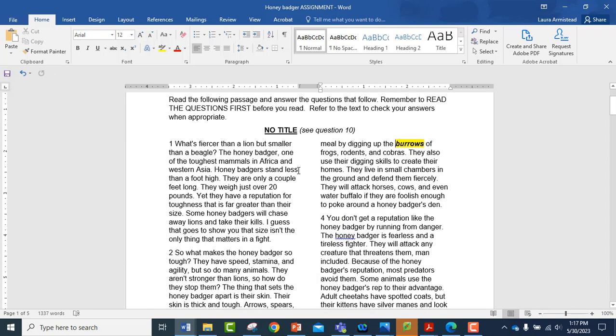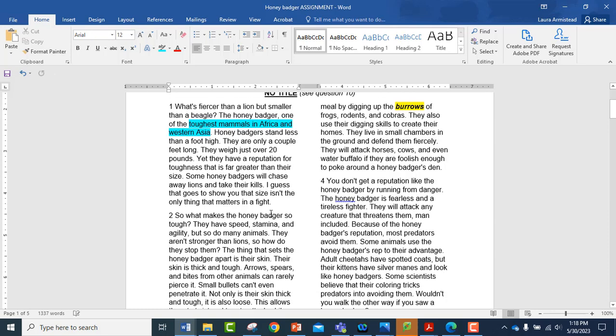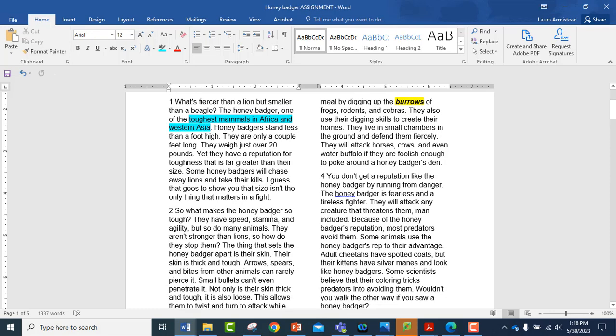So, what's fiercer than a lion but smaller than a beagle? The honey badger, one of the toughest animals in Africa and Western Asia. As I'm going through, I'm going to highlight things that I think are important. Honey badgers stand less than a foot high. They're only a couple feet long.